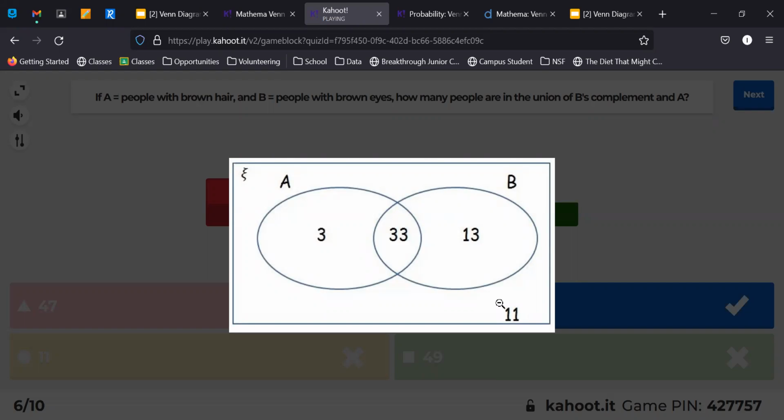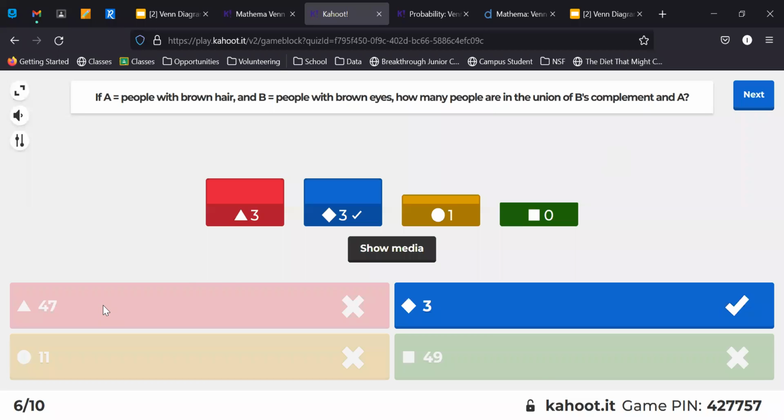So B's complement is 3 and 11 and A, right? But since it says union, you know, it's 33 plus 11. Okay, no, there was a right answer. It just wasn't correct. Okay, it was actually 47. Sorry to everyone who got it wrong, but got it right.